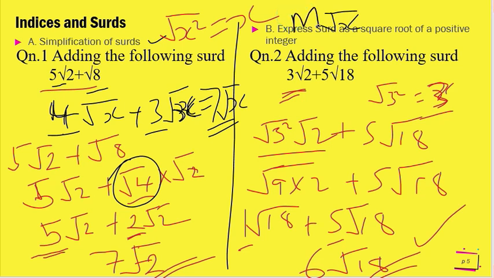If this is m root x, then the other one will be n root x. So this one you can add, and the answer there will be m plus n, then root x. That will be the answer.